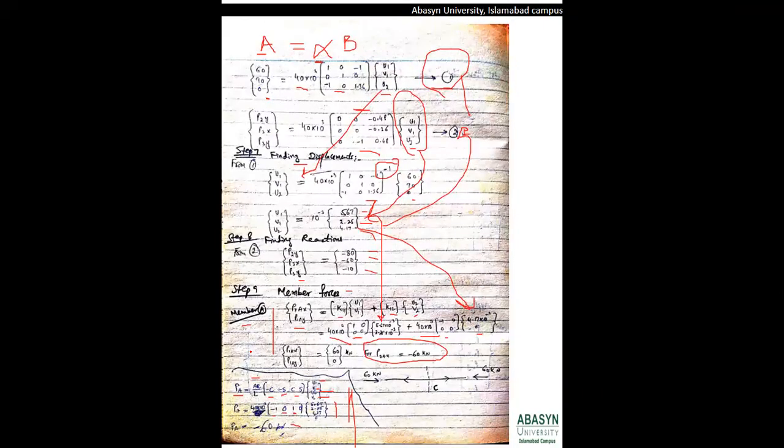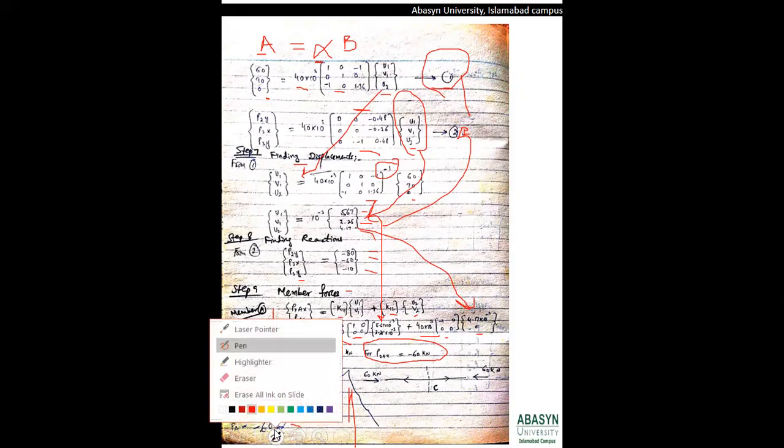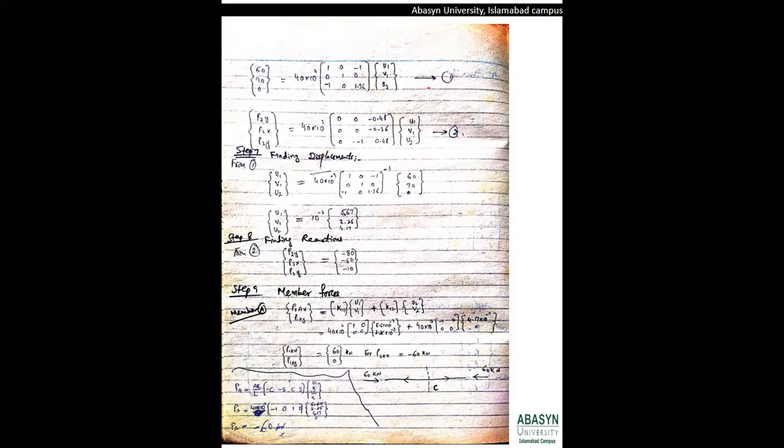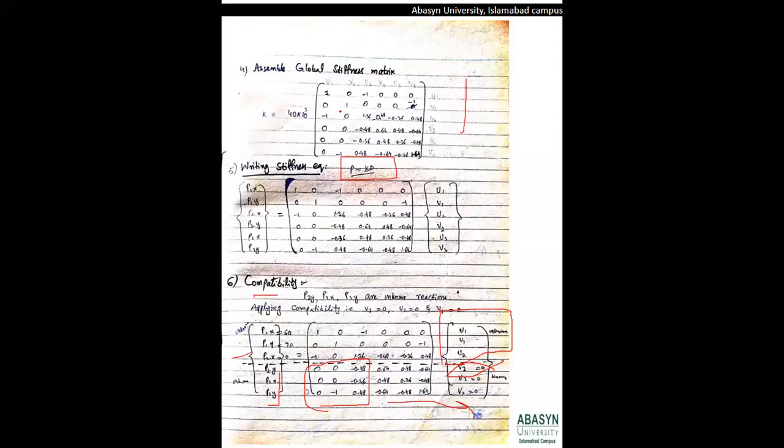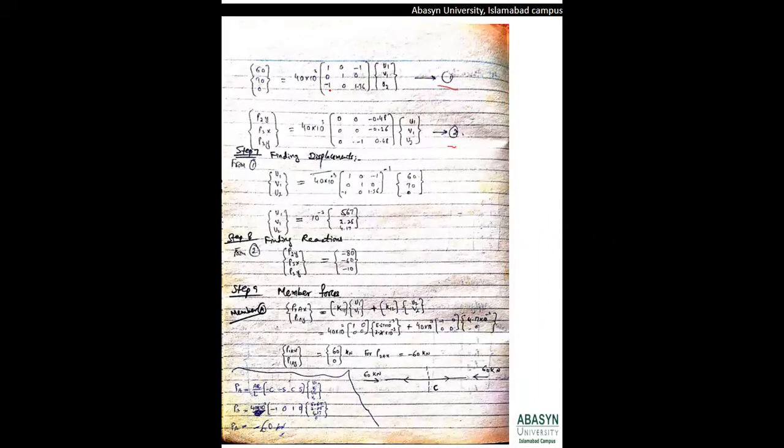Once we separate them, we are left with two equations that are much easier to solve, because the actual matrix is 6 by 6. Now it reduces to 3 by 3, so it is easier to solve.